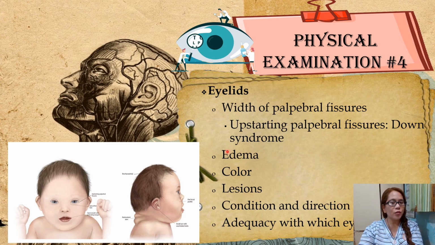Also note for edema of the eyelids, that could be a sign of Cushing syndrome or those patients who have kidney problems. Note for the color of the eyelids, the lesions, and the condition and direction of the eyelids. Adequacy with eyelids closed.